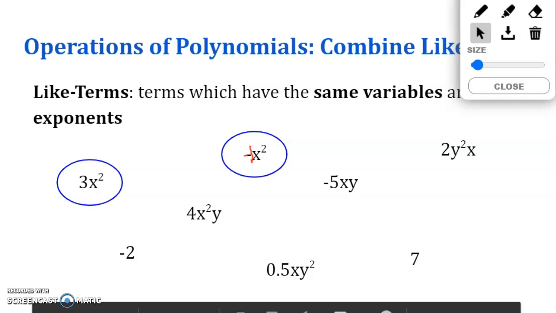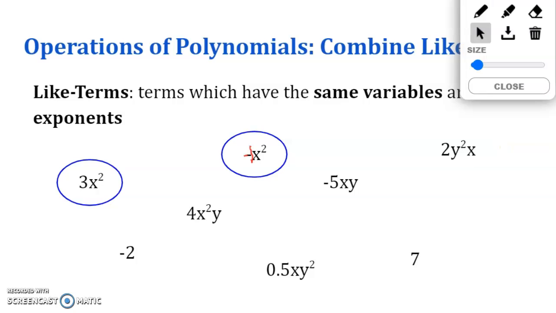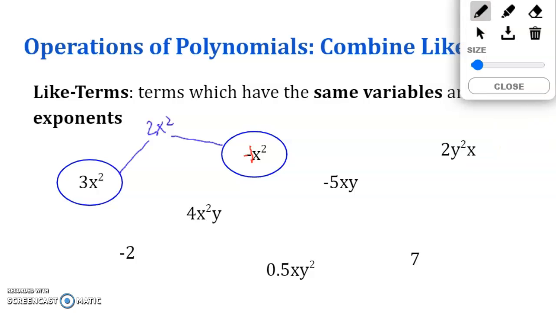So hang on, if I combine those two, this will be, oops, this will be 3x squared plus -x squared. That's going to be 2x squared. Okay, can we combine any other terms?